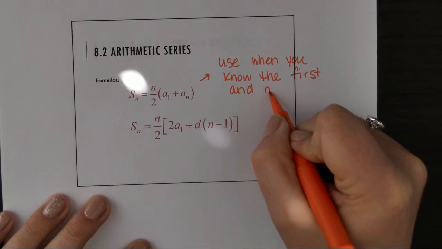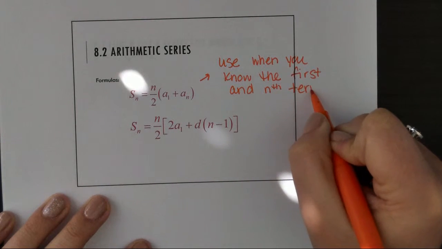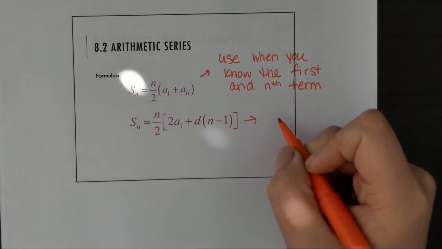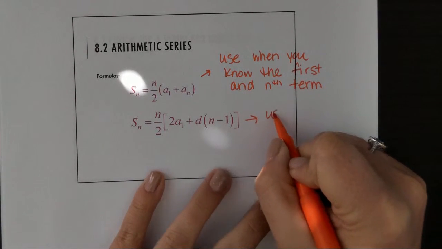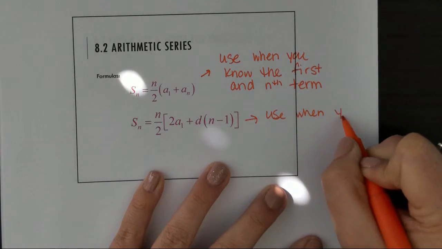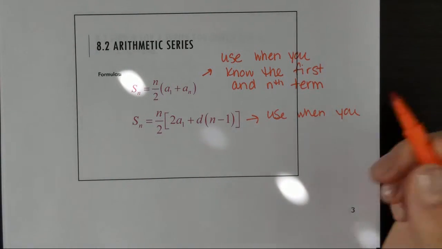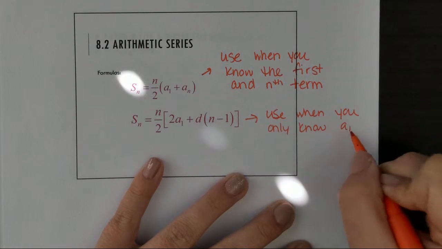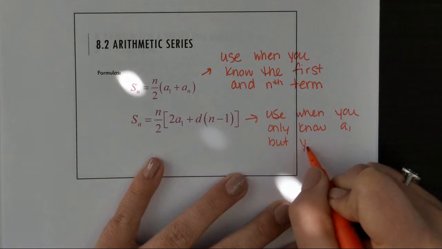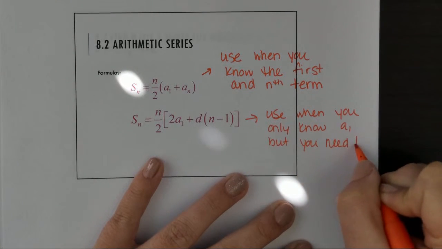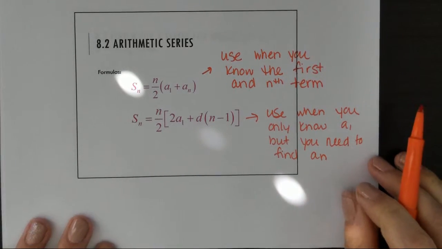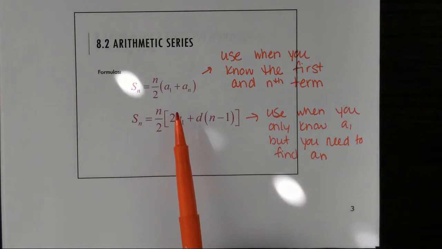And this second equation here is used when you only know what a sub 1 is, but you need to find the nth term, a sub n. Now, these two are very similar to each other.